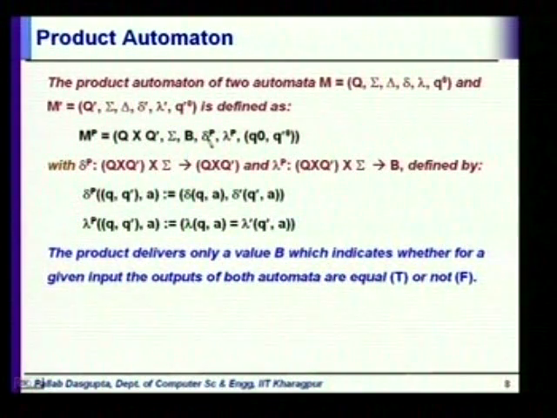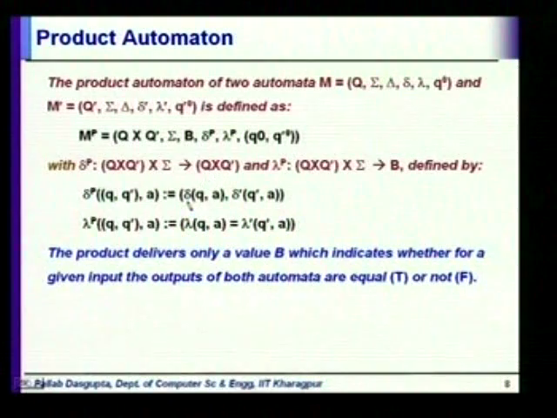And then we have the transition function, which is defined like this, that it is q cross q dash. So this is a global state. The global state, when presented with an input, goes to another global state, right.